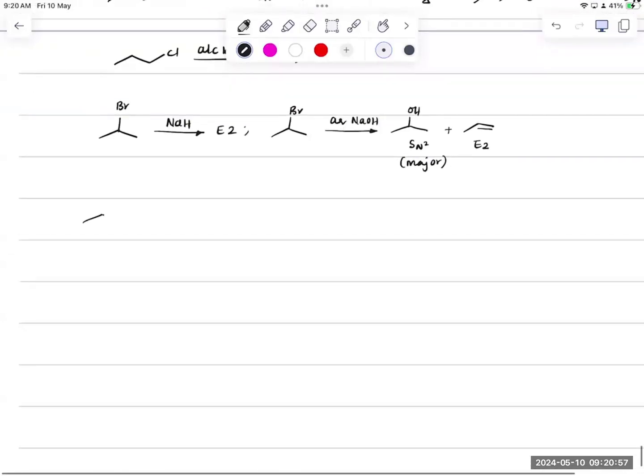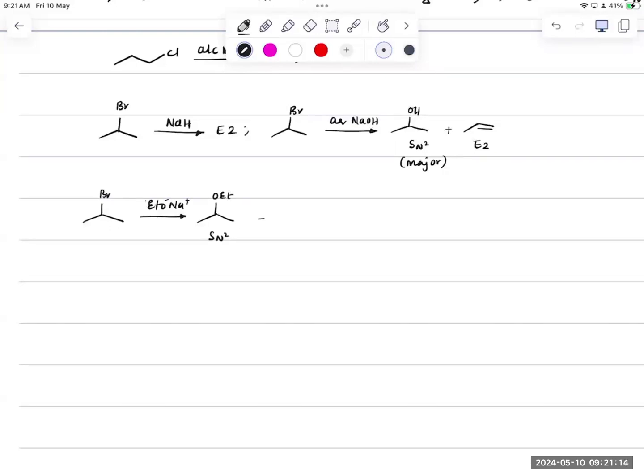Okay. Next, if you have Br with EtO minus Na plus, in that case, we'll get this as OEt. This is via SN2 and alkene via E2. And this time alkene will be major.